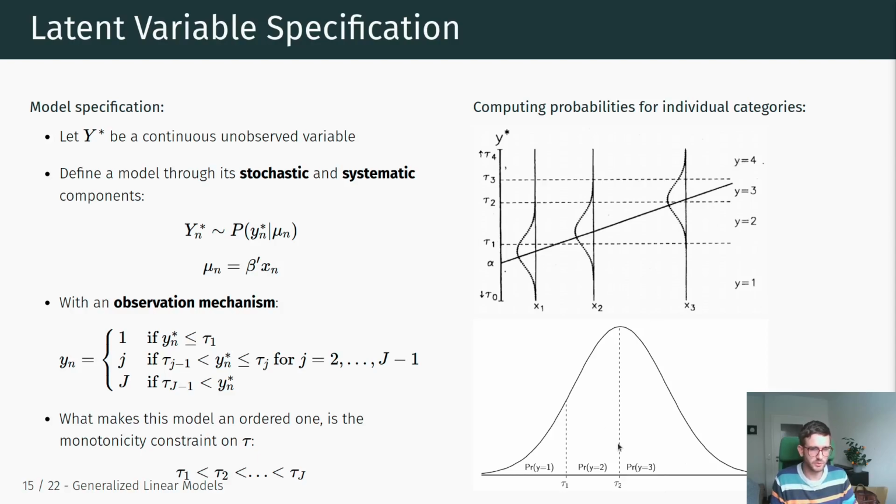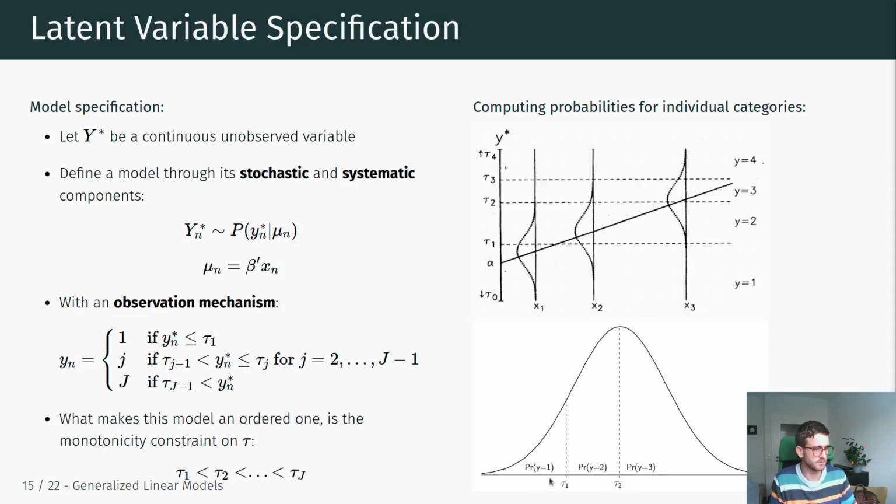Okay, so in other words, conditional on our x, we have our expected y star, and we have our assumed distribution for y star, and based on that distribution we can then compute the probabilities according to these thresholds.